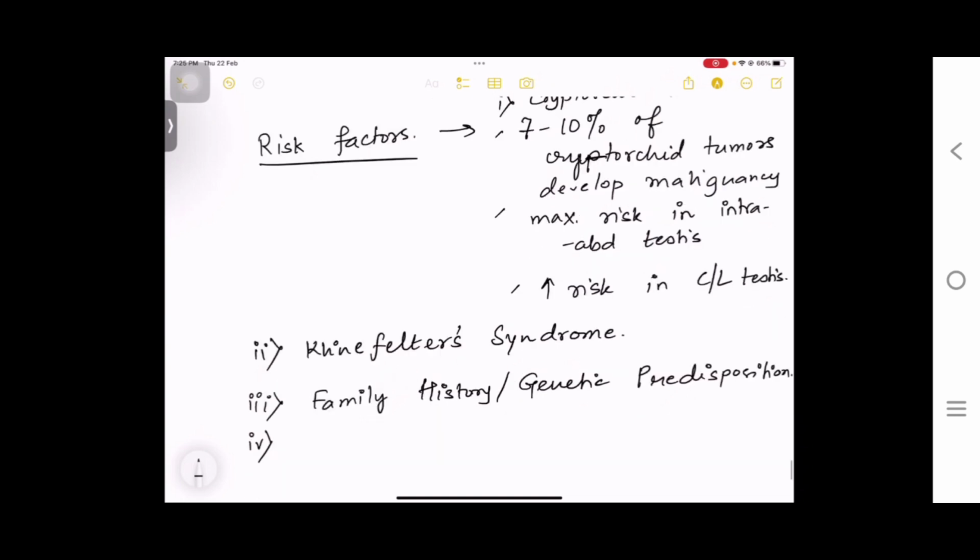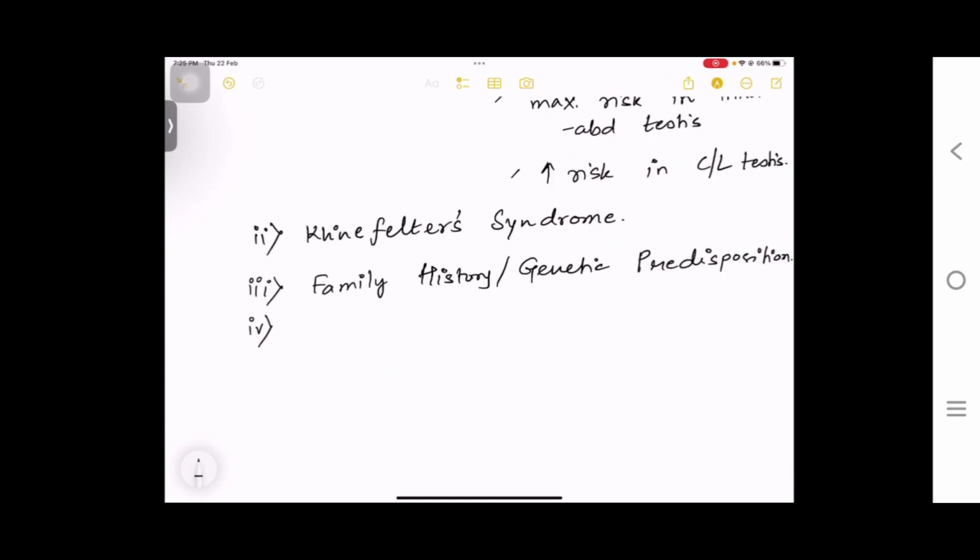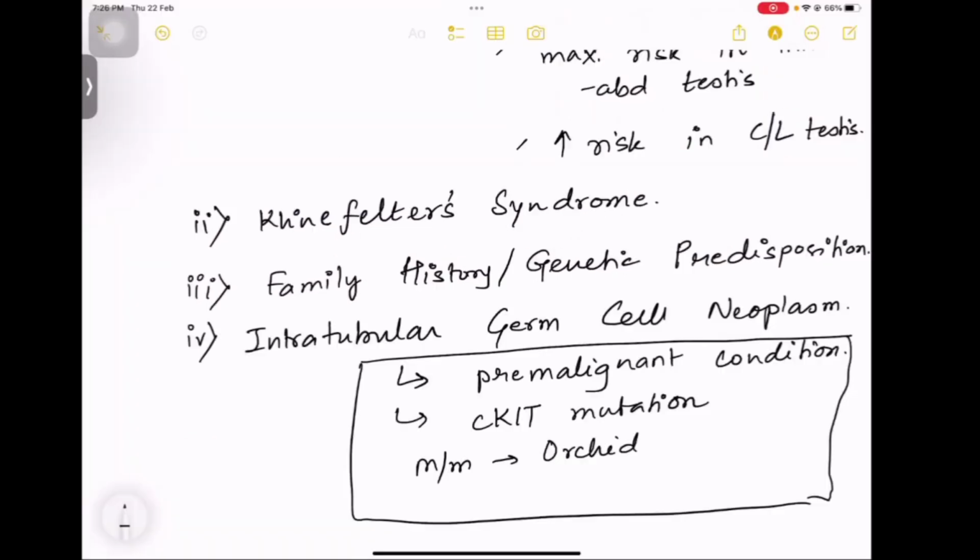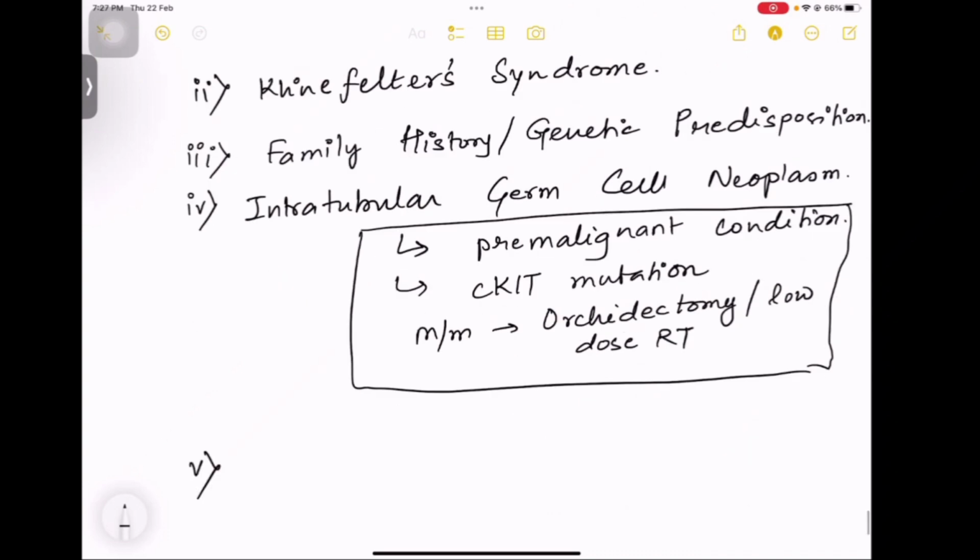Apart from these, there are certain syndromes like Klinefelter syndrome, and there can also be a familial predisposition to testicular carcinoma. Fourth risk factor is intratubular germ cell neoplasm.